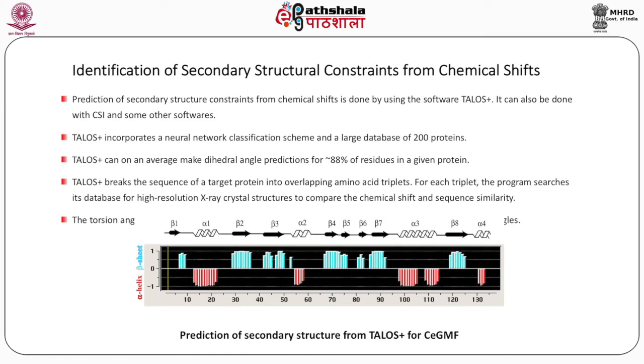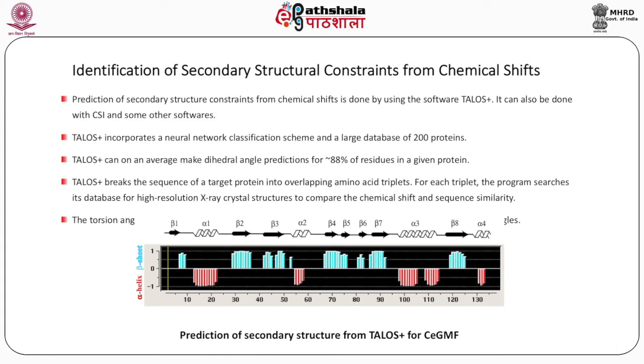It can also be done with CSI and some other software. TALOS+ incorporates a neural network classification scheme and a large database of 200 proteins. TALOS+ can, on average, make dihedral angle predictions for approximately 88% of residues in a given protein.